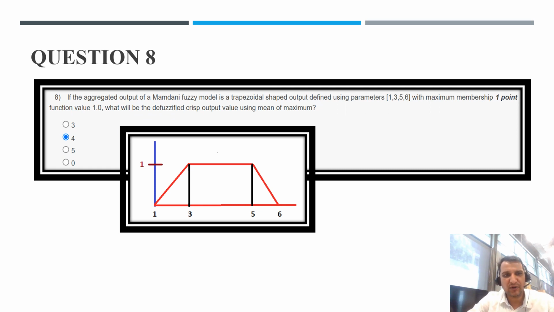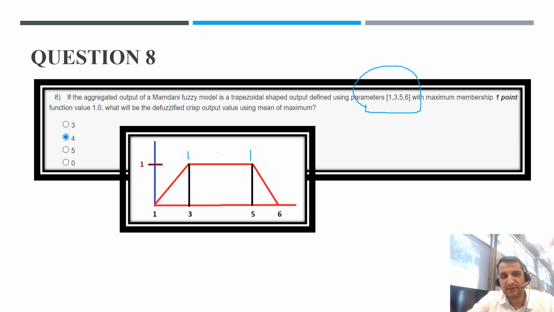And one more important thing: if the aggregated output of the Mamdani fuzzy model is a trapezoidal function, it will be given like this. So I draw this trapezoidal function 1, 3, 5 and 6. The membership value at 3 is equal to 1, that is the highest. The membership value at 5 is also 1.